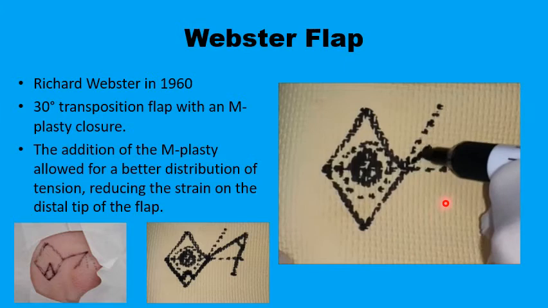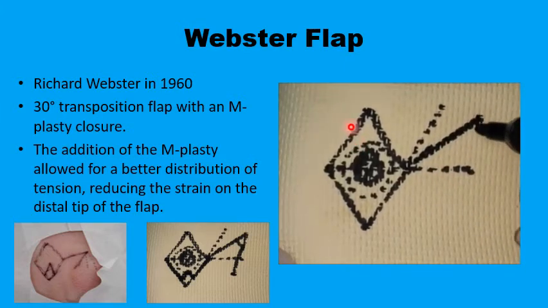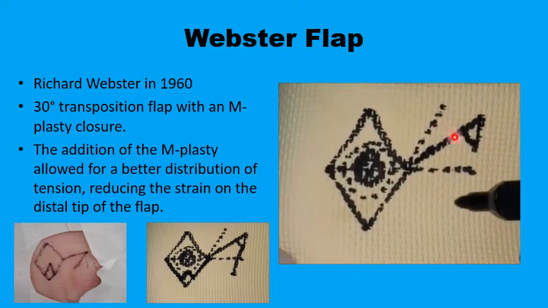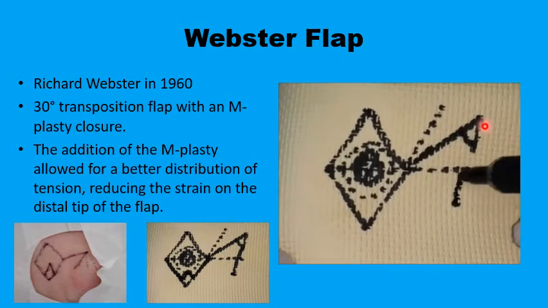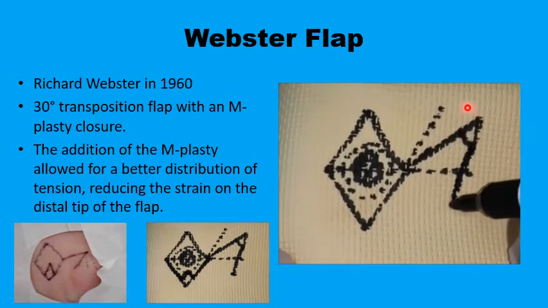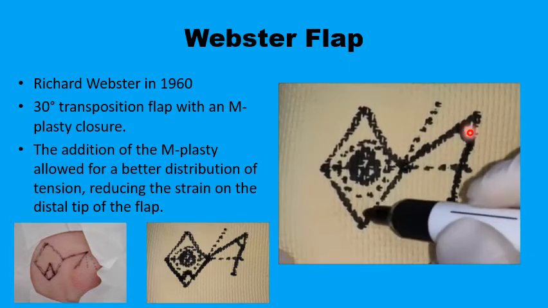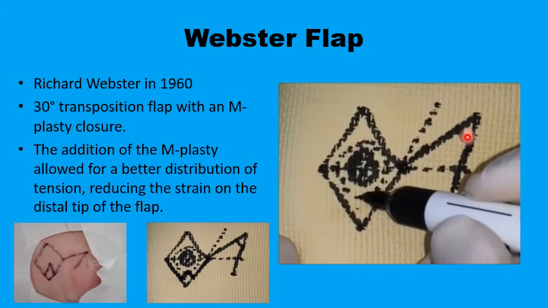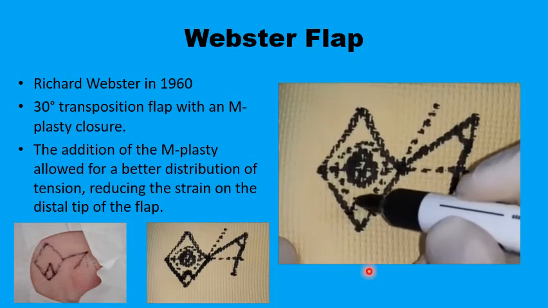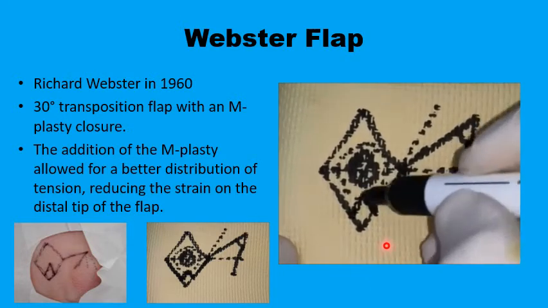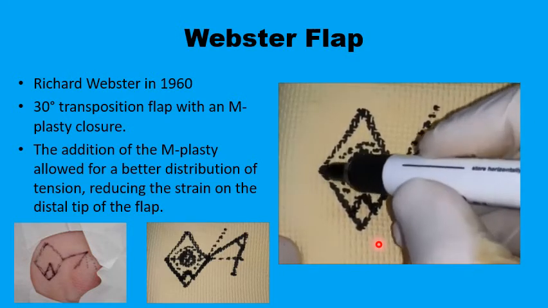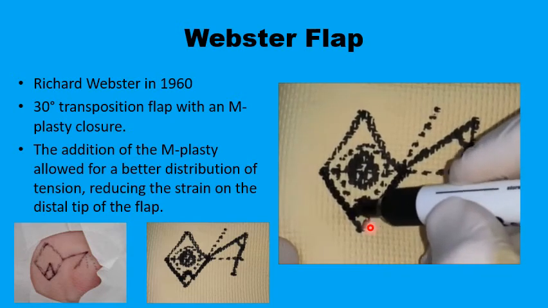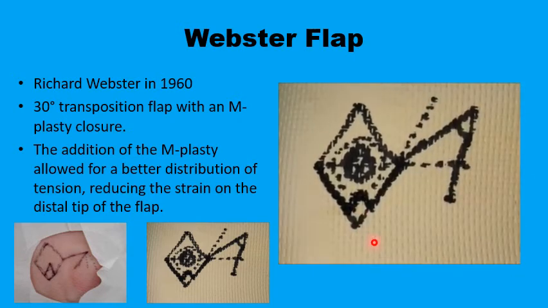Now, rather than having a line parallel to the long diameter, you draw 30 degrees and get a line equal in length to the rhomboids. So this angle is 30. Now you mark the M plasty at the apex of the rhomboid on one of the short acute angles, and now you can preserve that small piece of healthy tissue.